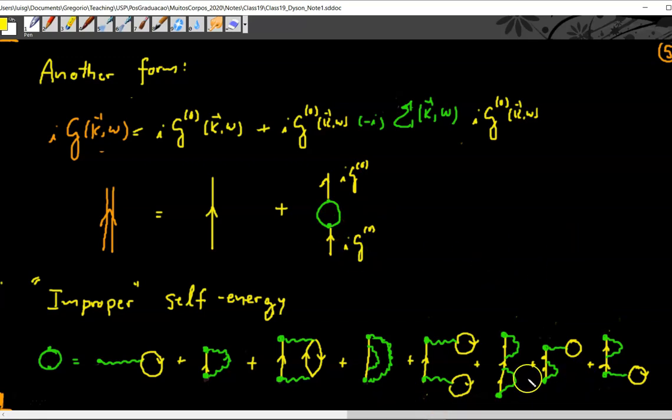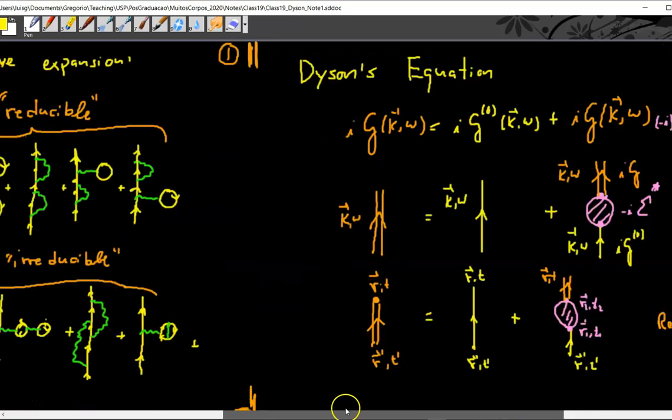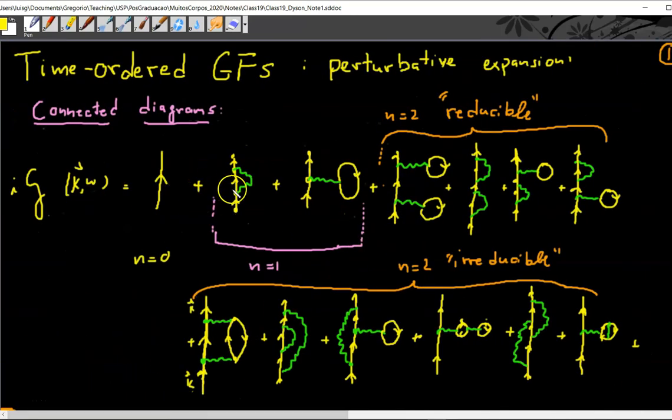Let's take a look there, the one that I wrote in the very first slide. Then this is clear. I only take the two legs out, the legs in and out, and all I'm left with is all the possible diagrams, both reducible and irreducible. But then there will be a self-energy there, right?